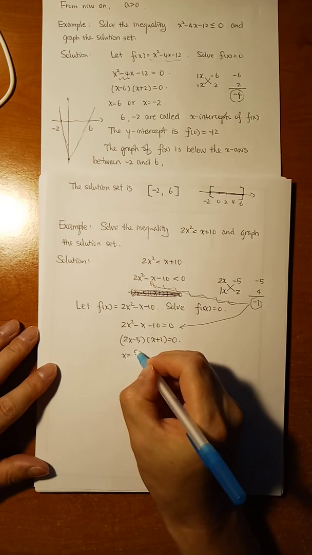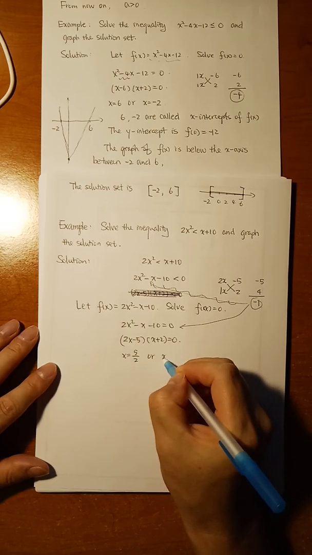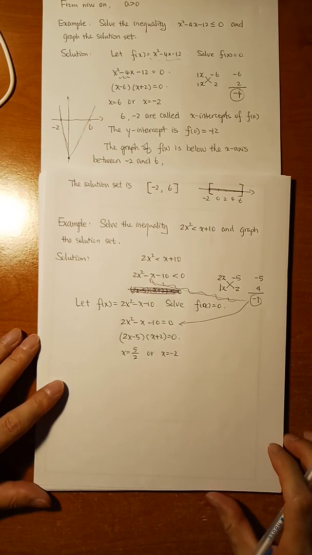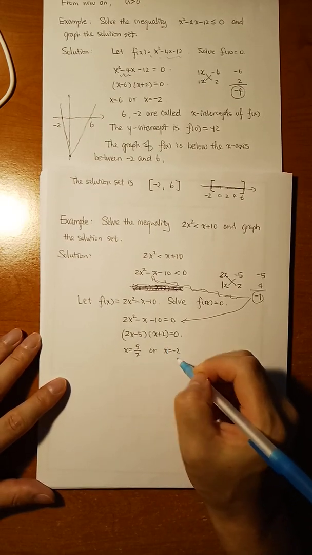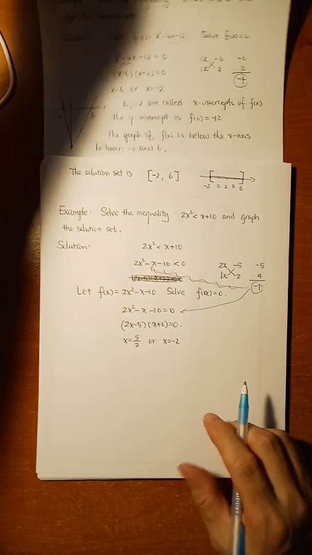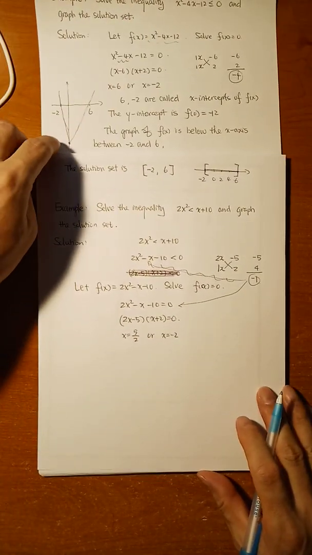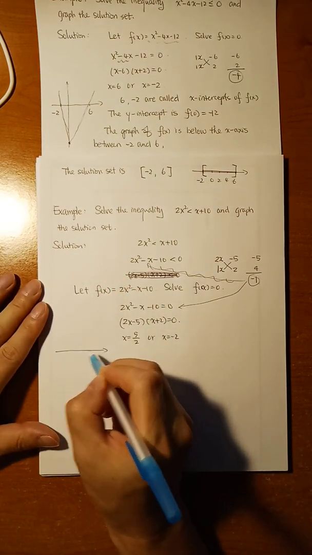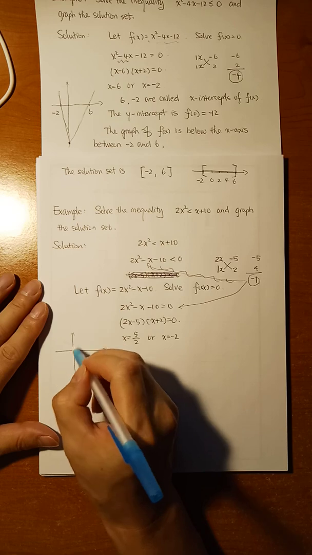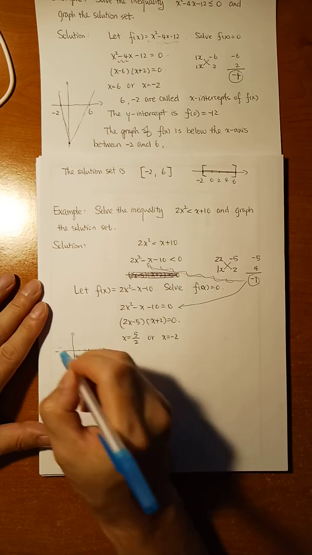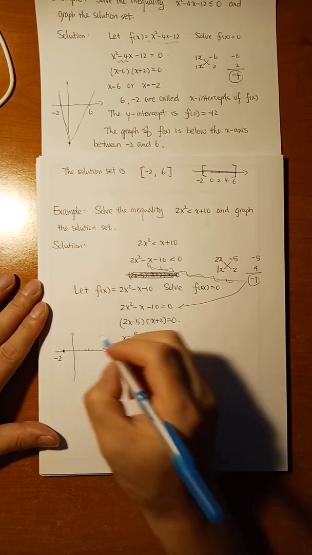x is 5 over 2, or x is negative 2. 2x minus 5 is 0, then x is 5 over 2. x plus 2 is 0, x is equal to negative 2. So you have two solutions. And based on the experience of our first example, remember we have the V shape of the graph.